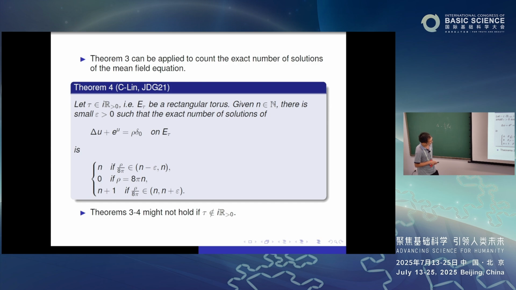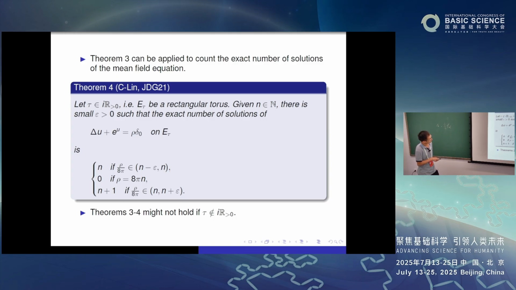And if rho is in this interval, then the solution number is n plus 1. This gives a very beautiful example that the solution number depends very sensitively on the parameter rho.